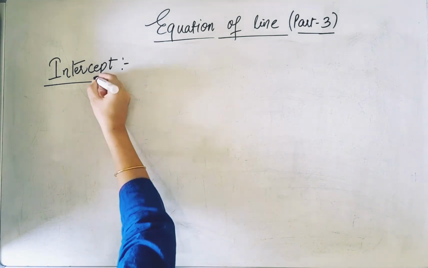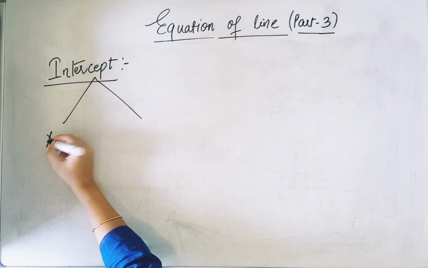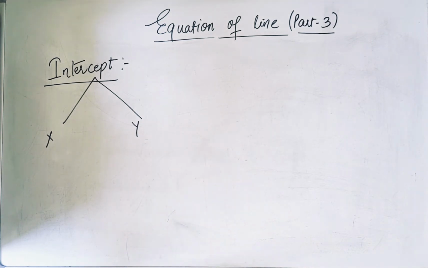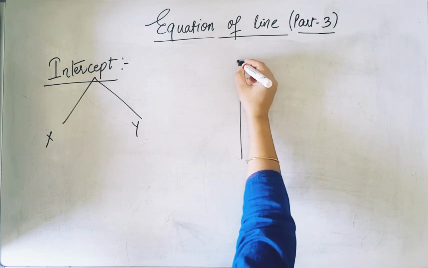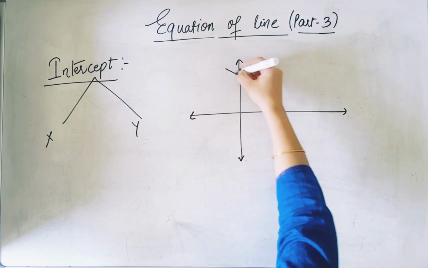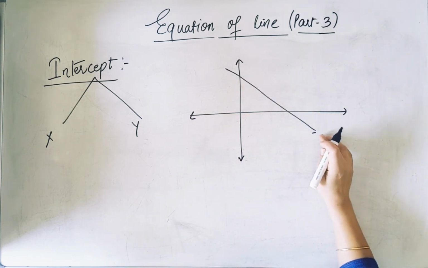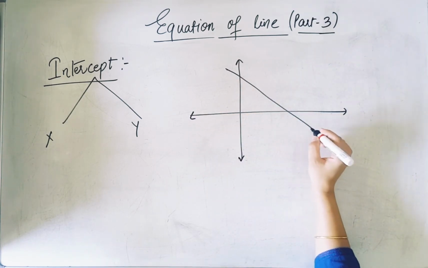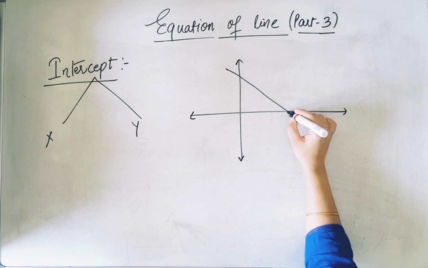Now see, there are two types of intercept. The one is x-intercept and the other one is y-intercept. Now basically what is this intercept? When we draw a graph, this is a graph. Let's suppose I am getting a straight line over here, and this line meets the x-axis.